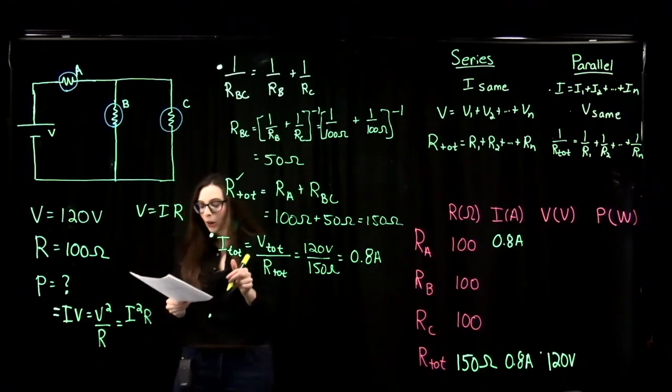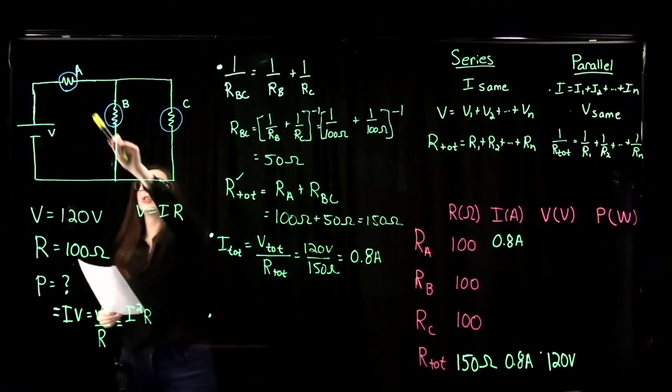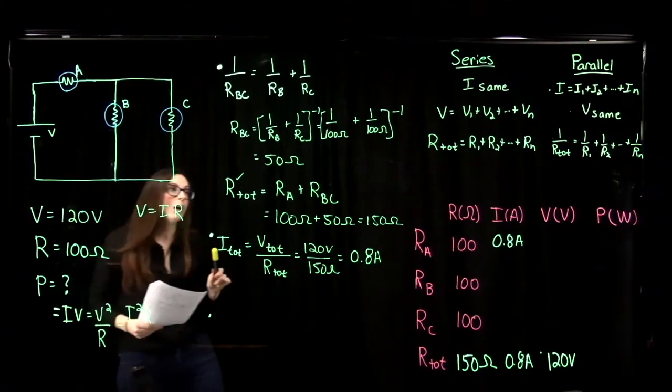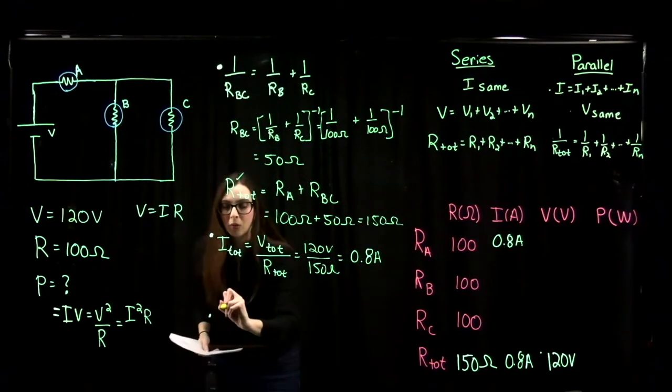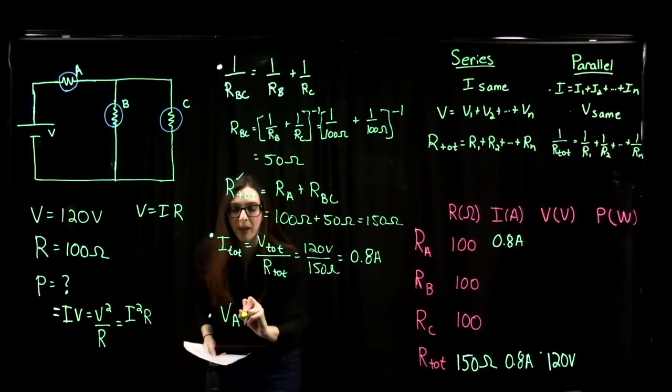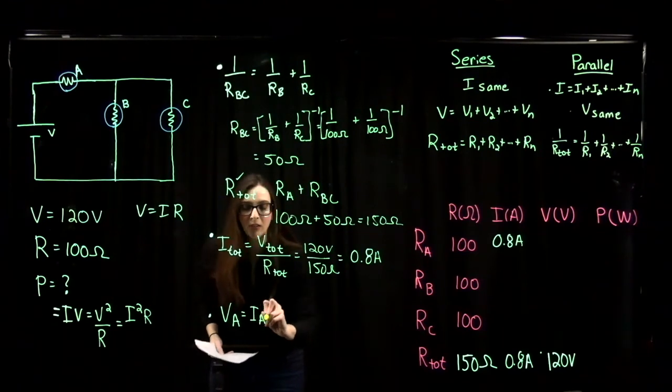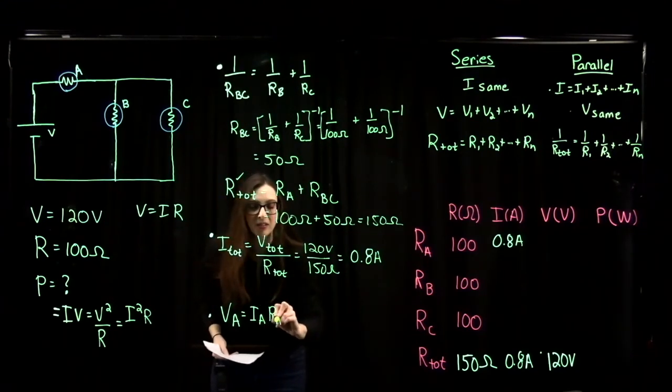Now, I can go ahead and find the potential across bulb A using Ohm's law. So the potential across bulb A is equal to the current through bulb A times its resistance.